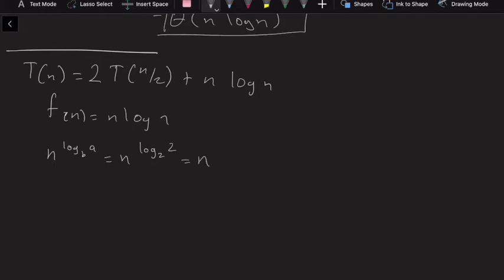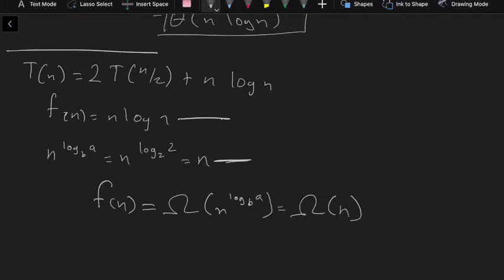So now the question is, how are n log n and n related? We could say that f(n) is lower bounded by n^(log base b of a), which is n, because f(n) is n log n, and n log n is lower bounded by n.